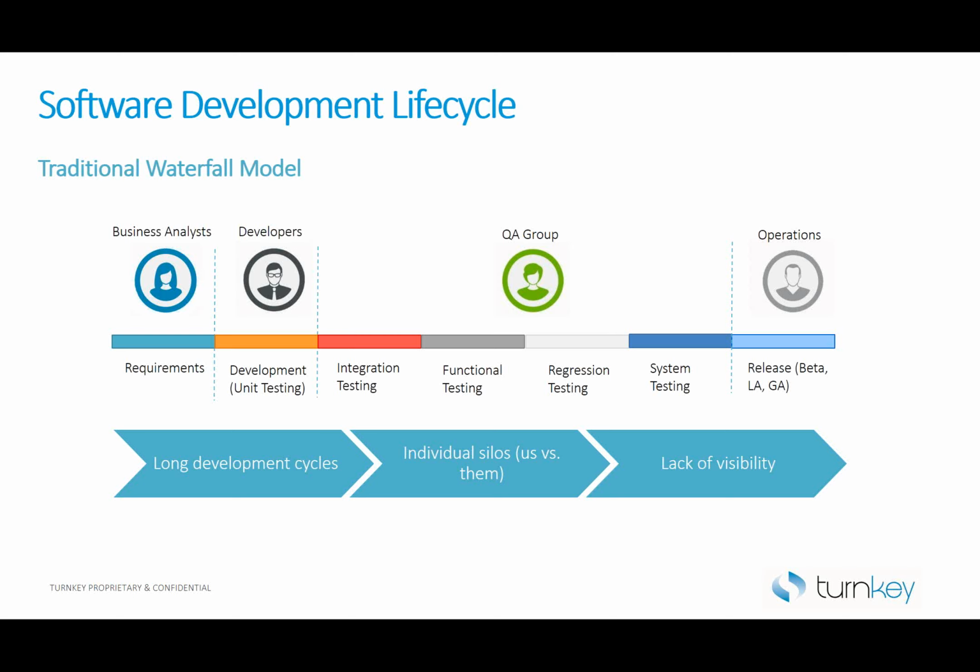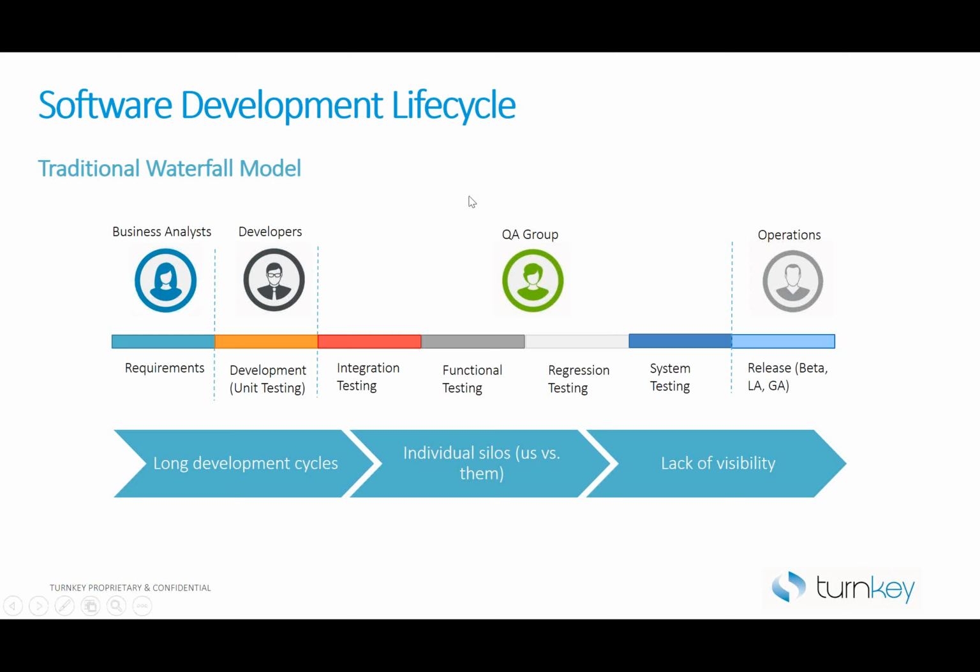So let's set the stage by talking about the software development lifecycle and the traditional waterfall approach model. Typically, the software development cycle spans 1 to 4 years, while the maintenance phase spans an additional 5 to 15 years for many applications.